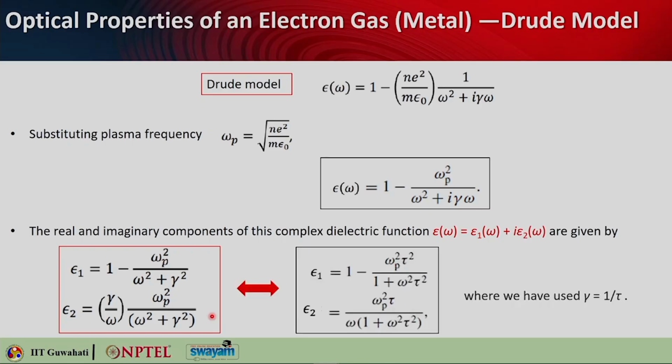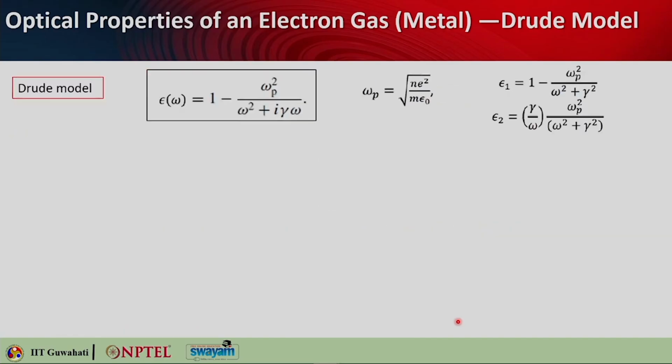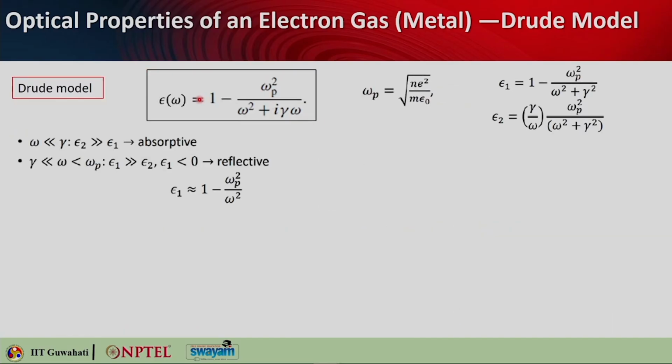You can also replace gamma by the time constant or the collision time, replacing gamma by 1 over tau, and get this equation as well. They convey the same meaning. This is the Drude model, omega p is given by this, and the real and imaginary parts are written like this. Now, let us see in what region how the metal is behaving.